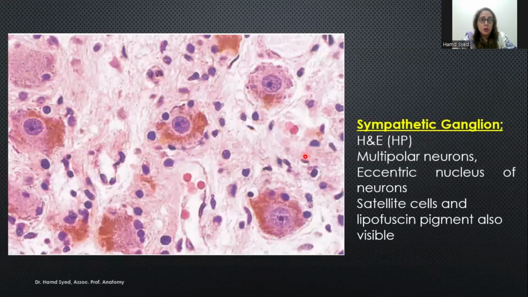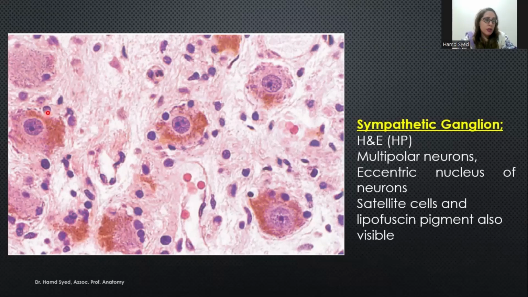Now let's look at the histomicrograph of this autonomic ganglion, which can, in this case, be a sympathetic ganglion. These are multipolar neurons, and when we say multipolar, we mean they have multiple branches and multiple processes. And the nucleus within them is characteristically off-center, also known as an eccentric nucleus.